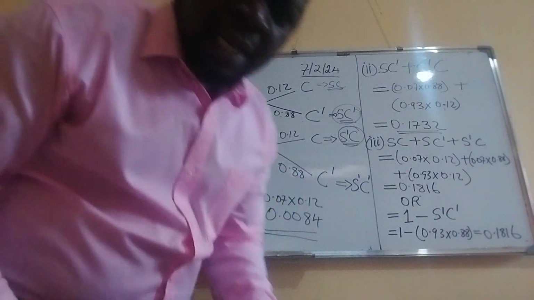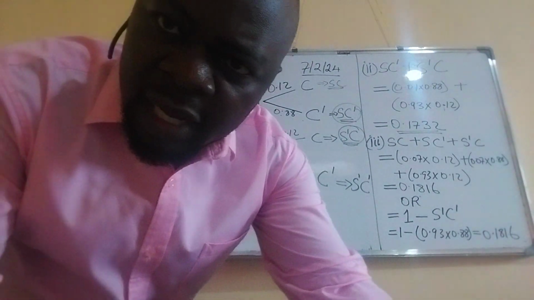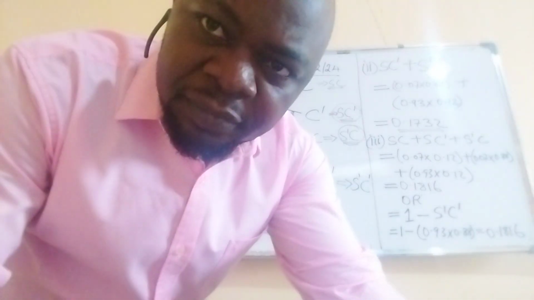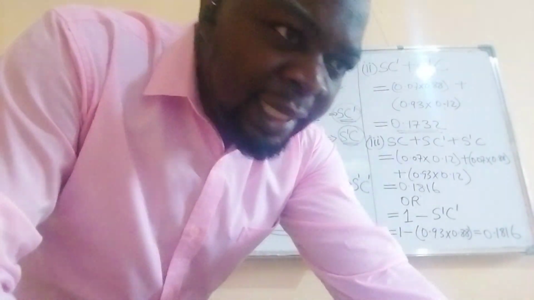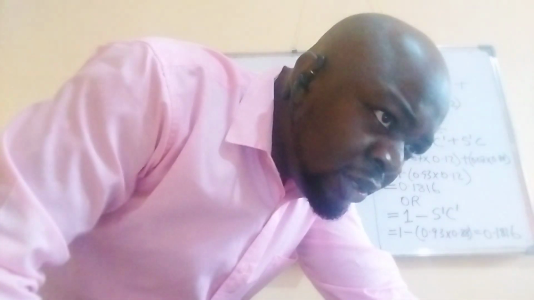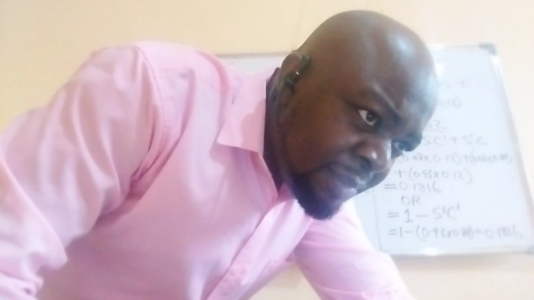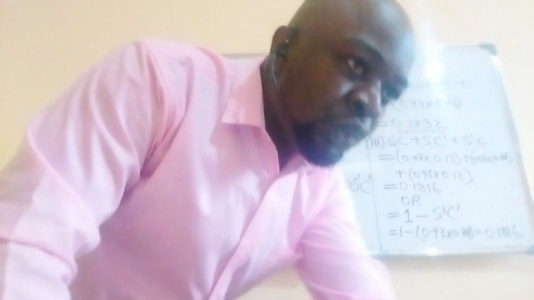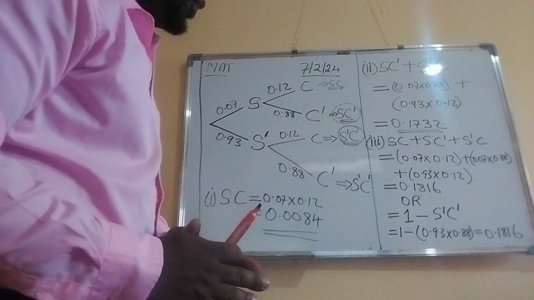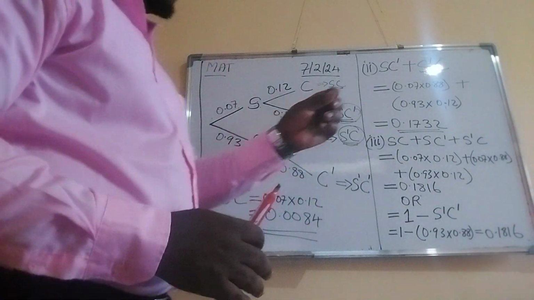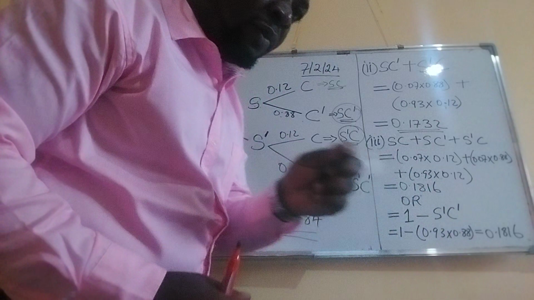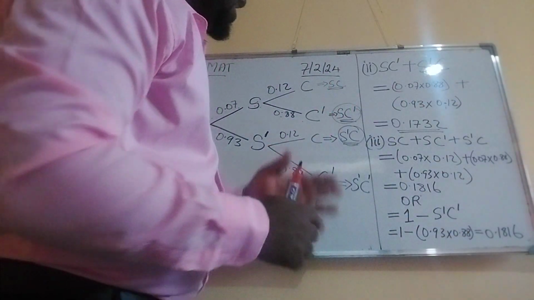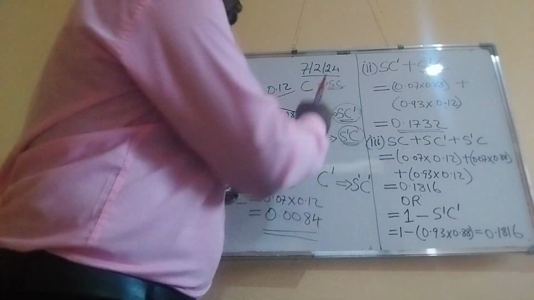So in the last question, we are asked to get the probability that the house suffers at least one of these misfortunes. This is how we are going to do it. If you are told that the house suffers at least one of the misfortunes, then it implies that the house can suffer both misfortunes.